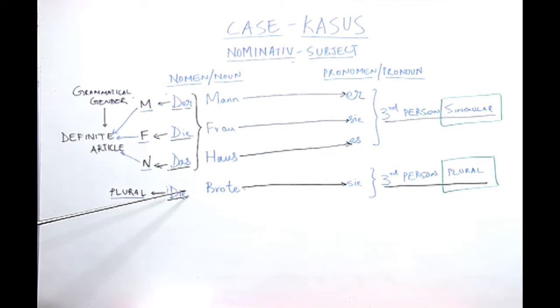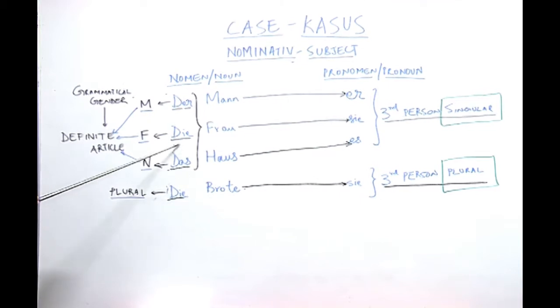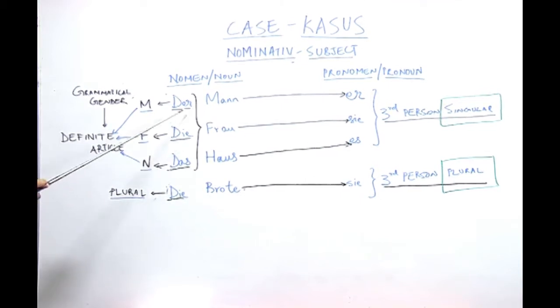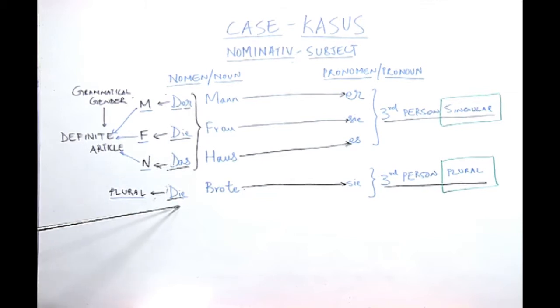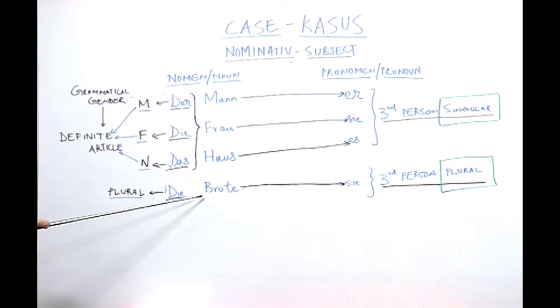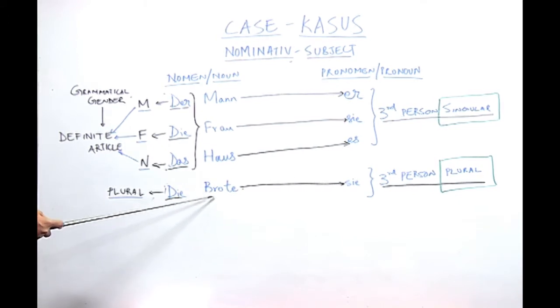However, to recognize which one of them belongs to the singular case or to the plural case, you have to learn the singular form as well as the plural form of the noun. And how we learn it, that we will discuss in the coming sessions.